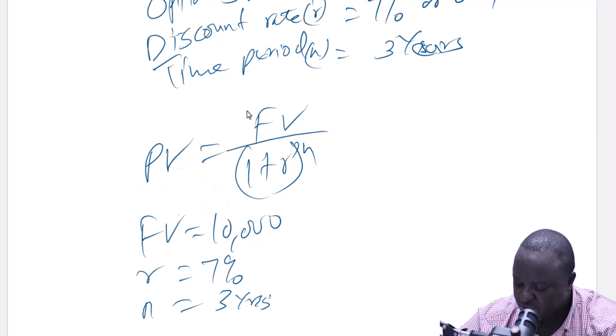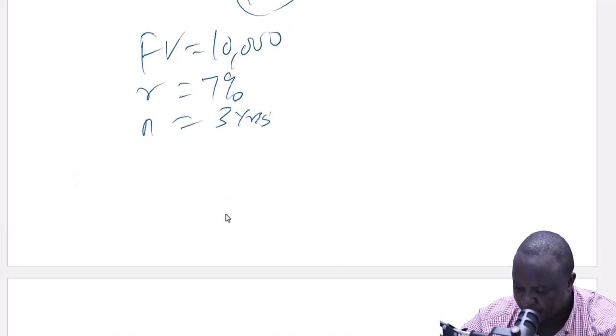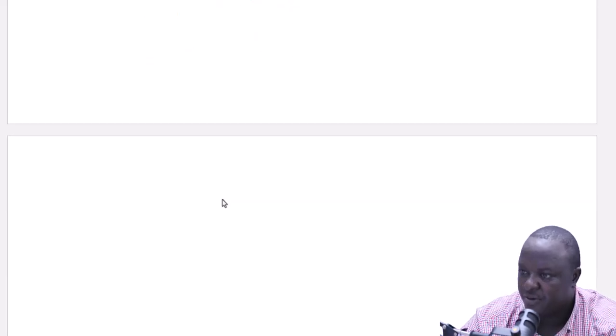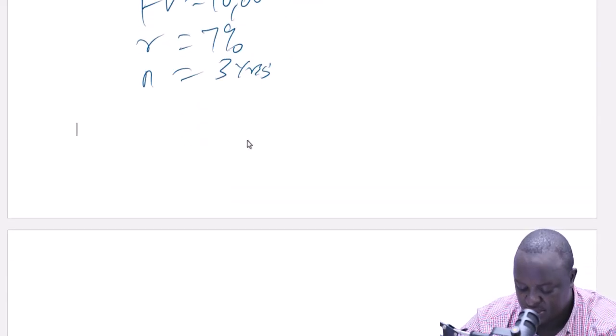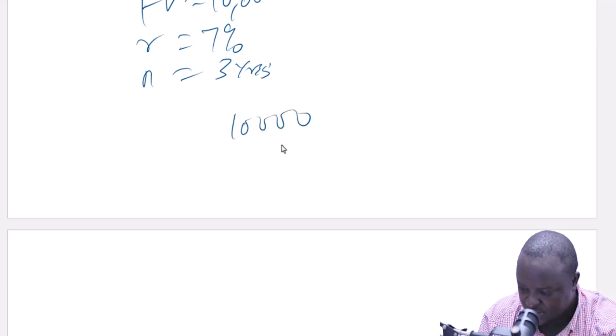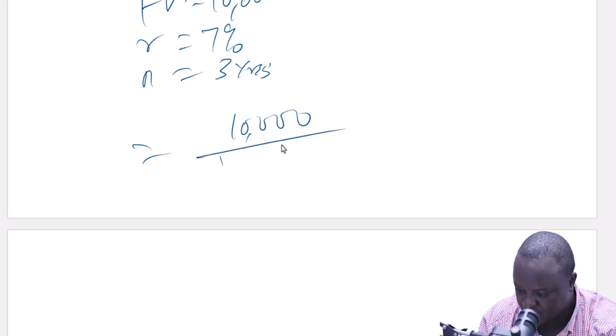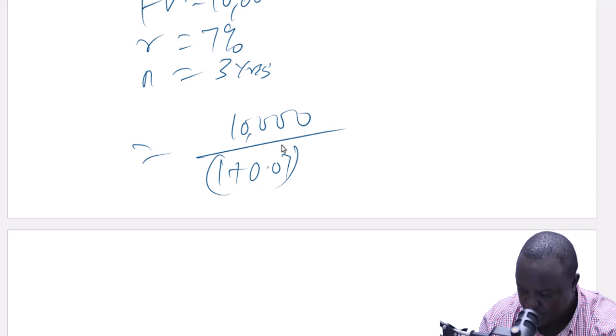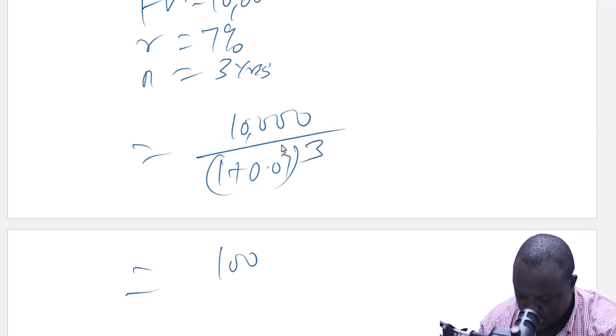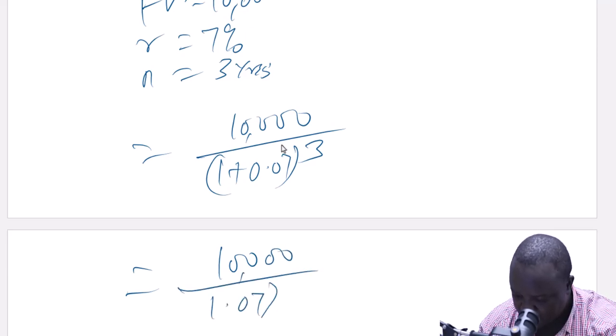So if we compute that, we have 10,000 over 1 plus 0.07 raised to power 3, which means 10,000 over 1.07 raised to power 3.